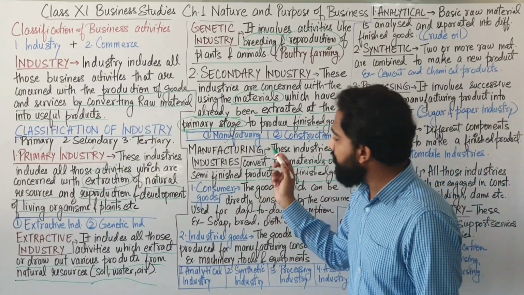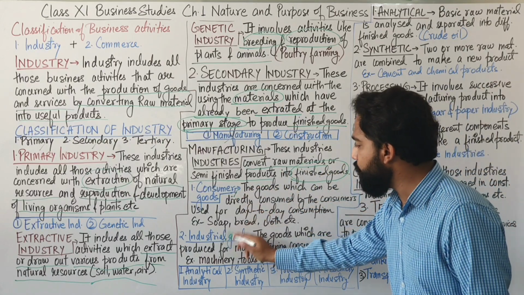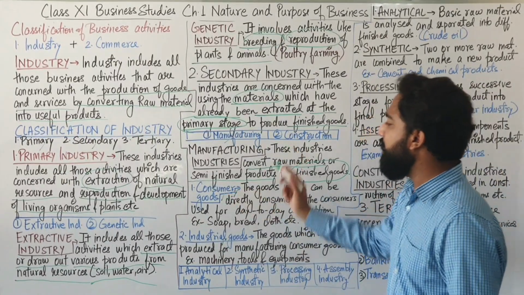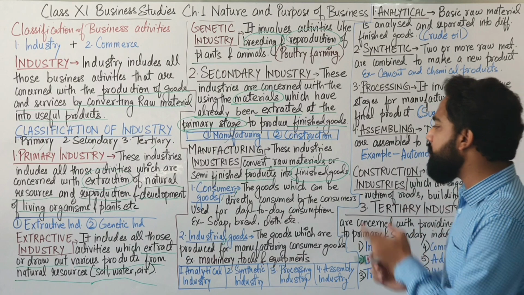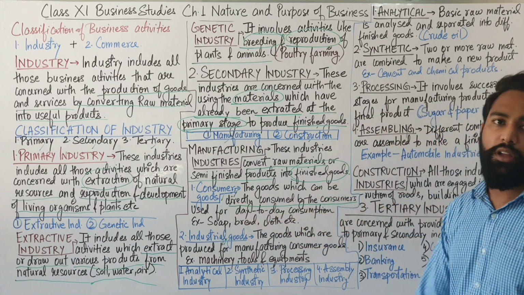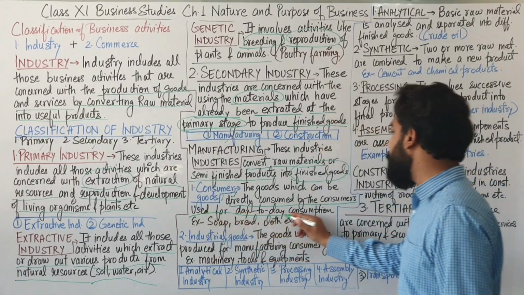Now, what are consumer goods? Finished goods can be categorized under two types. One is consumer goods and the second one is industrial goods. Consumer goods are those goods which can be directly consumed by the consumer, and are used for day-to-day consumption.